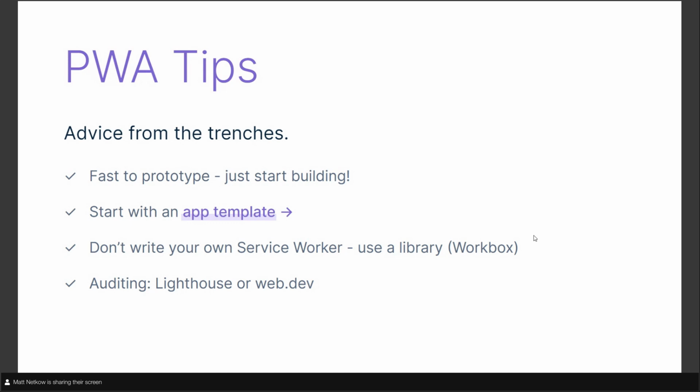Additionally, the mentality of a PWA, again, is to build something that's fast and engaging. That's very high level. That means a lot of different things, especially on the performance side of the house. And every site's going to be different in terms of what they need to tweak for great performance. Fortunately, there's the Lighthouse tool or the web.dev website that offers a lot of great tips.